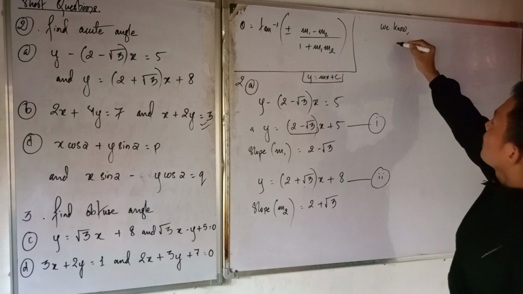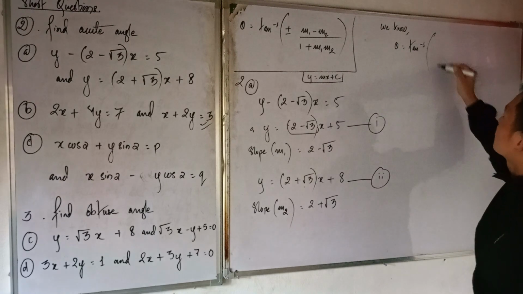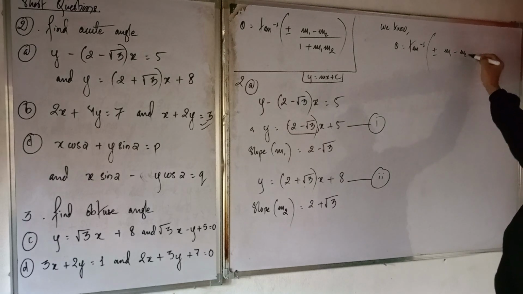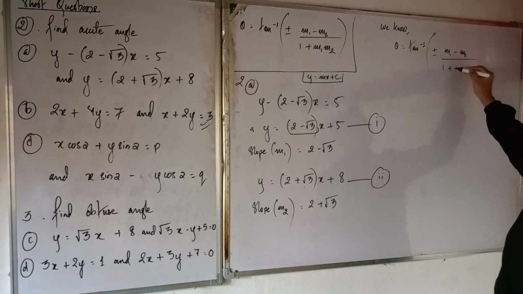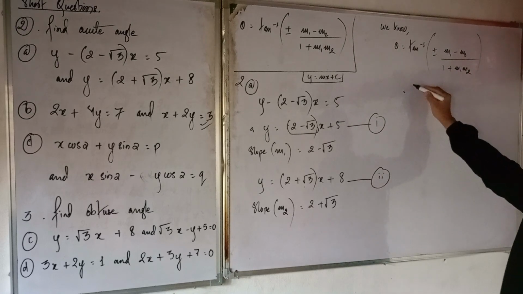use the formula theta equals tan inverse of plus or minus (m1 minus m2) divided by (1 plus m1 m2).